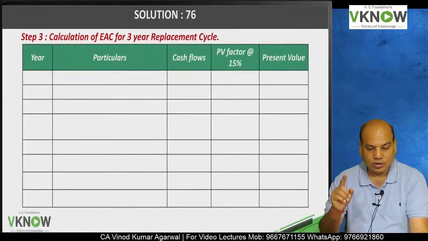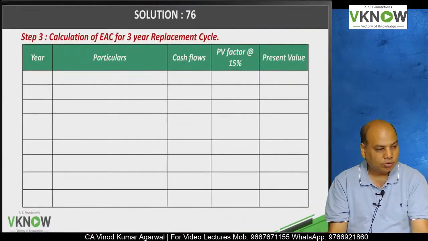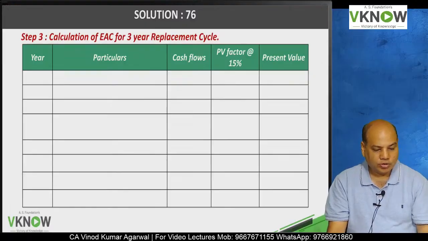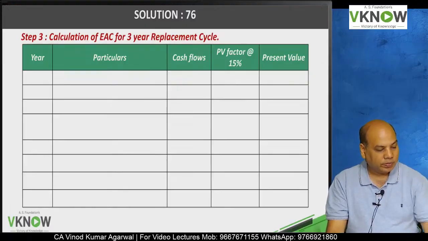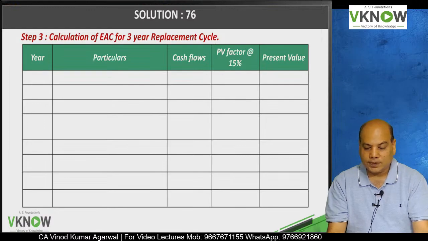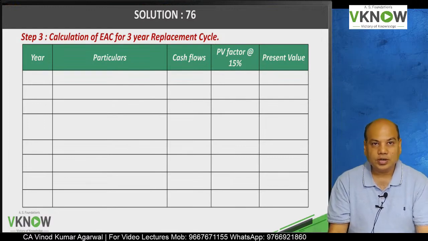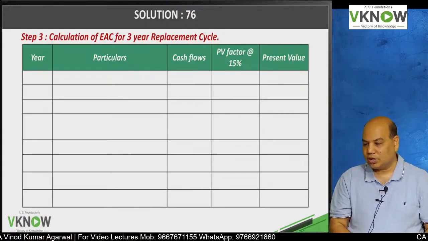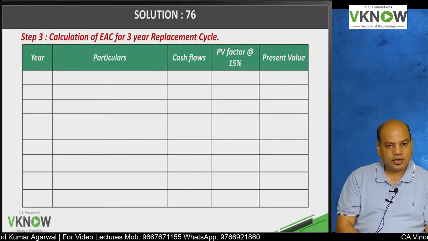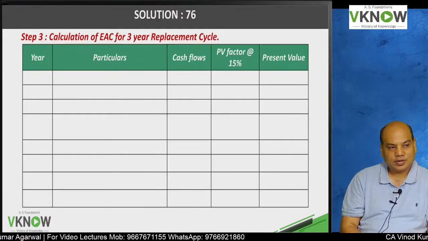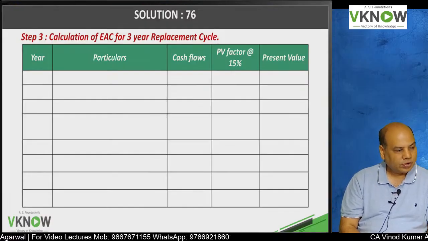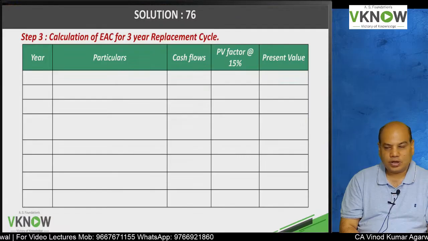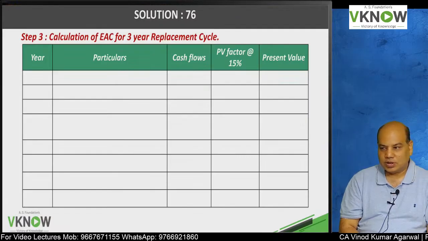44,536 is wonderful. Step 3. Now you can do fast because you have learned the trick now. Calculation of EAC for 3-year replacement cycle.